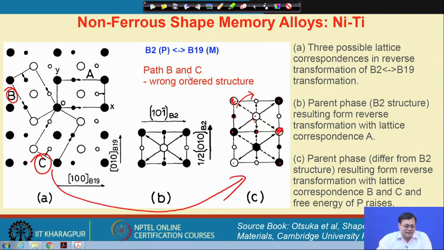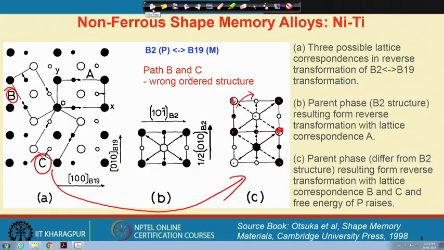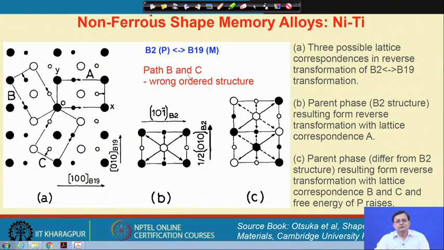So, there will be a problem getting back the original parent structure and the transformation strain will never be recovered.